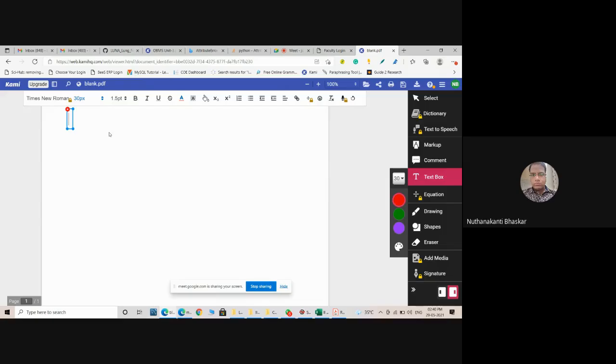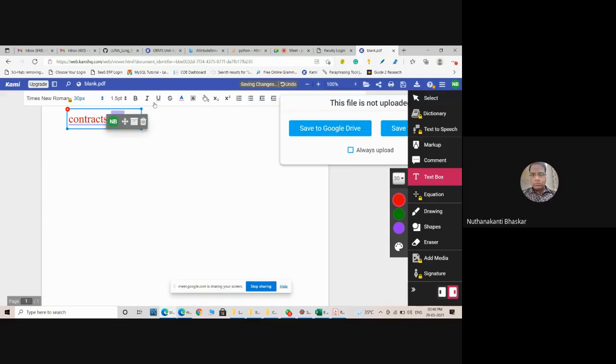Now the example is the contracts relation I am taking. The first attribute is CID. Study CID. The first attribute is a primary key. I am making this a primary key. You know the meaning of primary key?